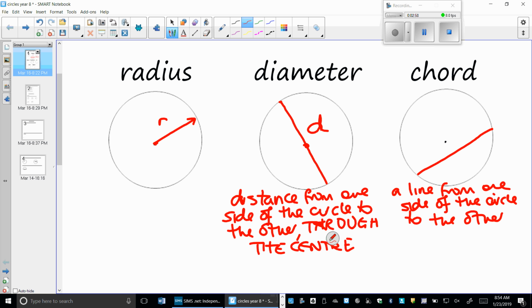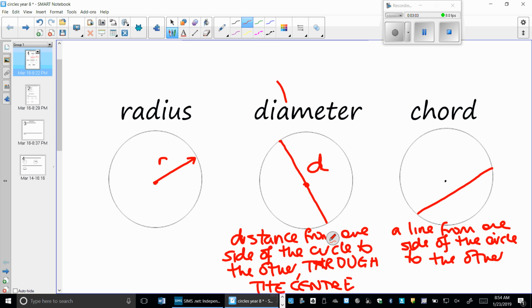So the diameter is actually a special chord, because it is actually the longest chord. If we've got a line going from one side to the other, and it goes through the centre, it means it's the longest possible chord. So the diameter is a chord. Not all chords are diameters though.